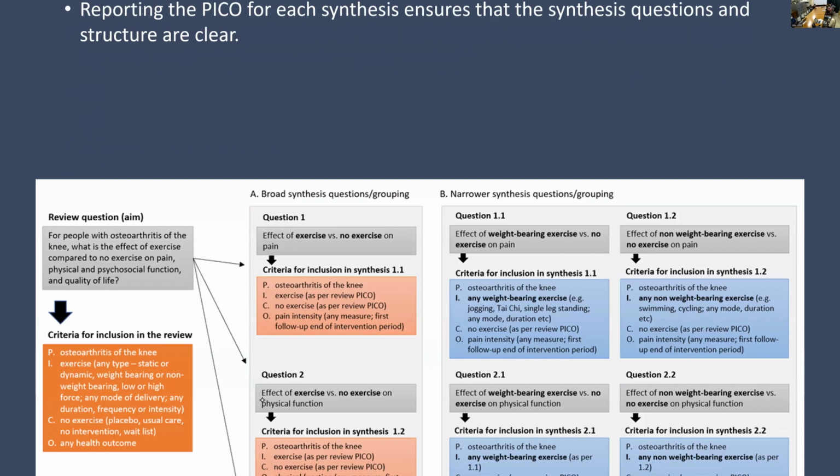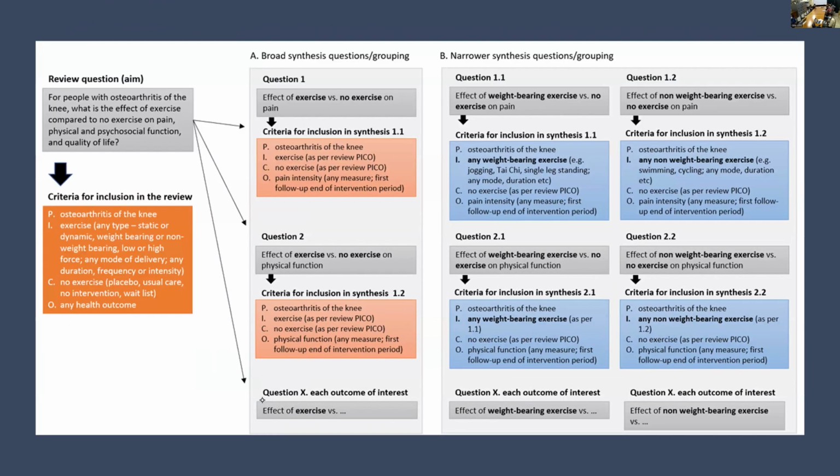So I'll spend a little bit of time on this particular slide. Now on the left side of the screen, you can see what the aim of the review is. So for people with osteoarthritis of the knee, what is the effect of exercise compared to no exercise on pain, physical and psychosocial function, and quality of life?